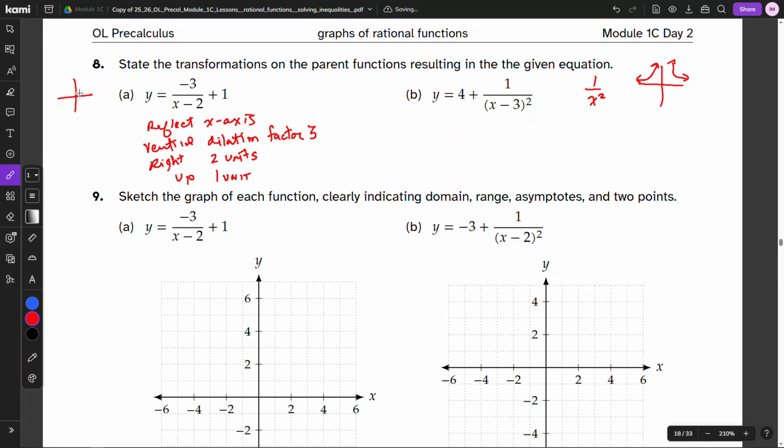This parent function is the parent function for 1 over x. So what have I done? All I've done for this one is right 3 units and up 4 units. Okay, be able to do that, and we should be able to graph our items as well.